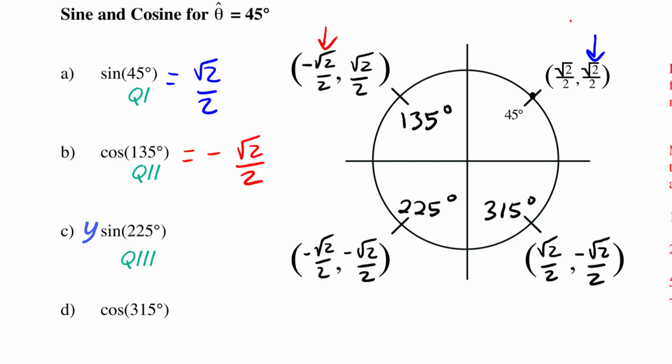We look at the sine value in quadrant 3, that's the y value, 225 degrees. We're looking at negative square root of 2 over 2. And in quadrant 4 for cosine, it's positive. It's the x value, and we see that it's a positive square root of 2 over 2.